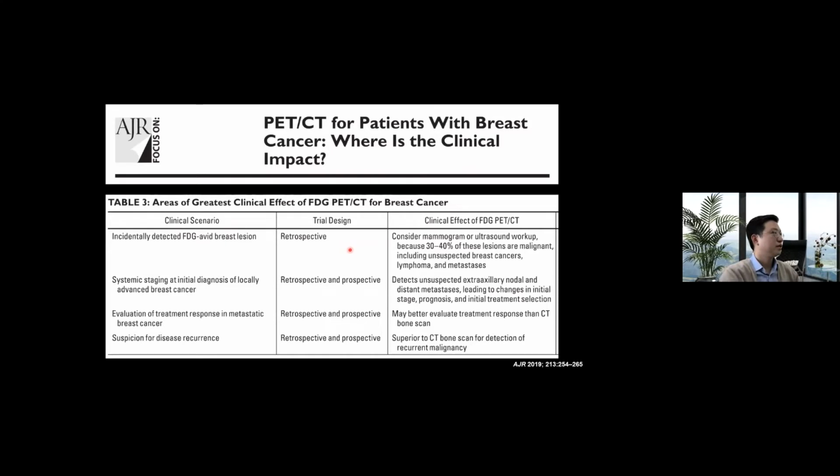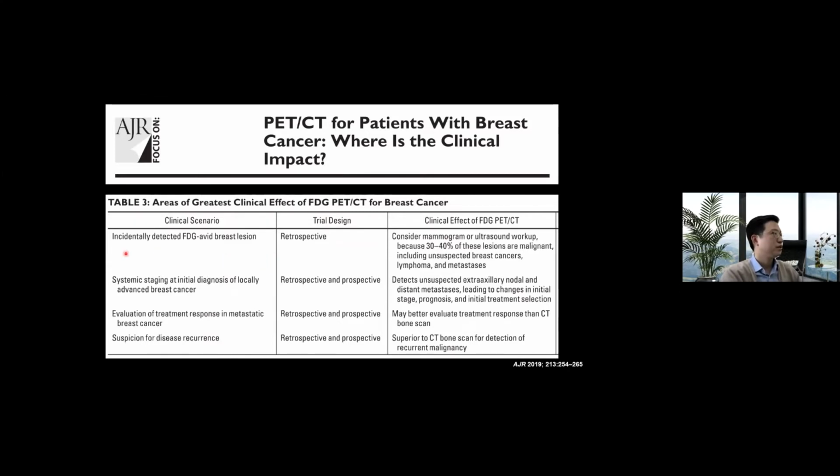And these are the summary of areas of greatest clinical effect of FDG PET CT scan. So essentially, these are similar with the recommendations in NCCN guidelines.